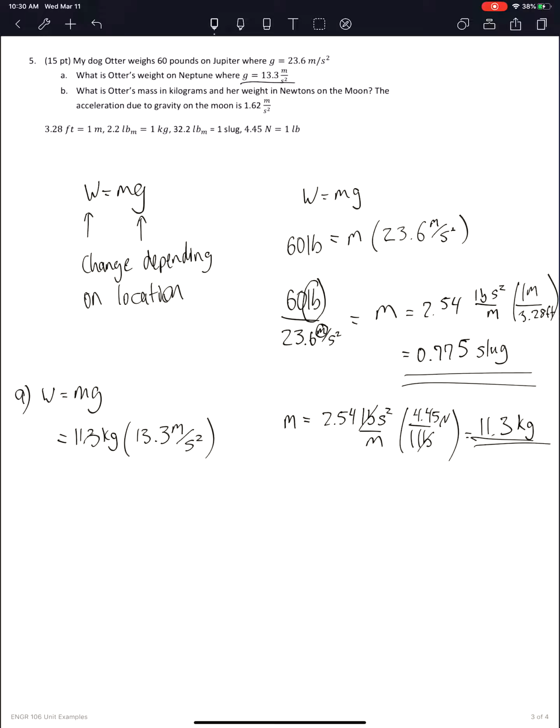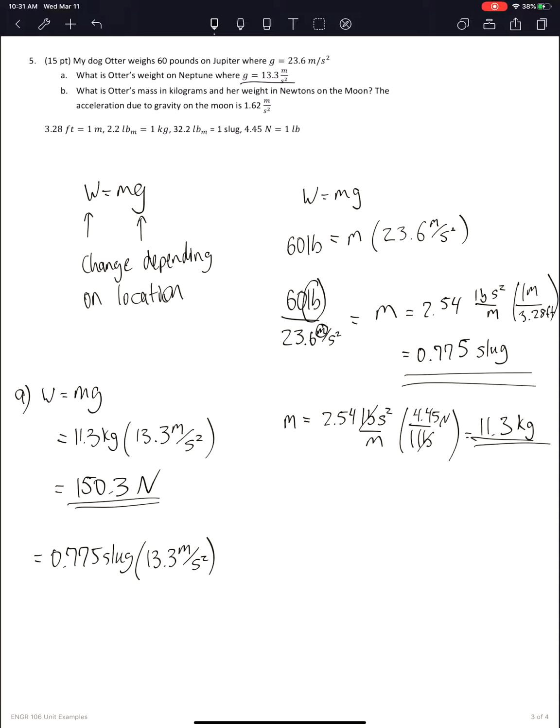And these are standard metric units, so I'm just going to get the standard metric unit for force, which is 150.3, the unit being newtons. That's the answer for part A. I could also have done 0.775 slugs times the acceleration due to gravity, which is 13.3 meters per second squared.